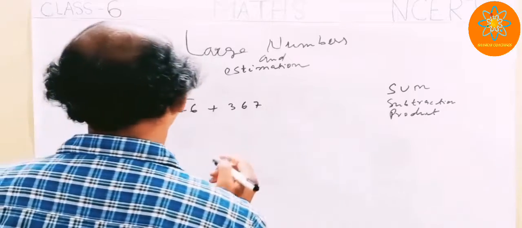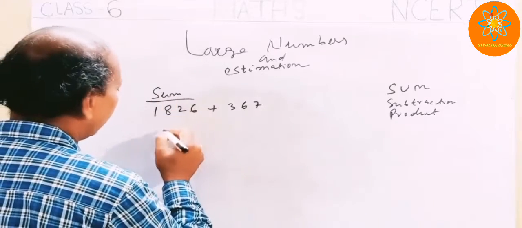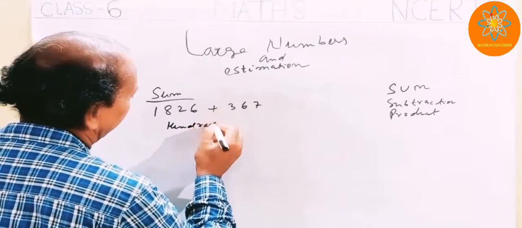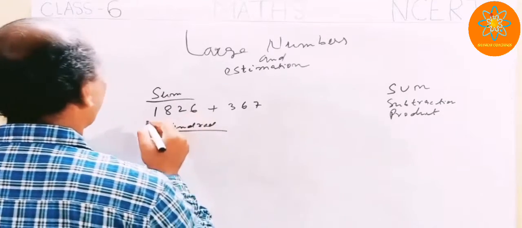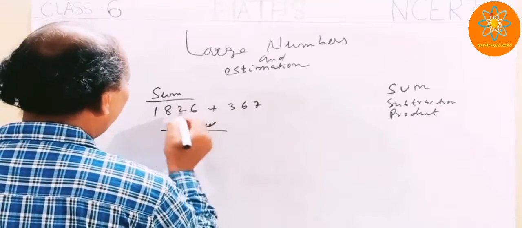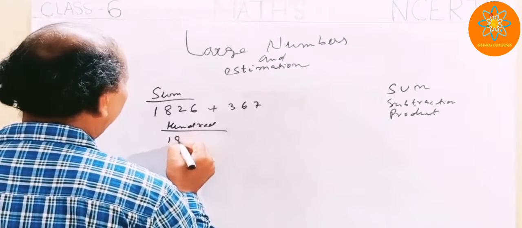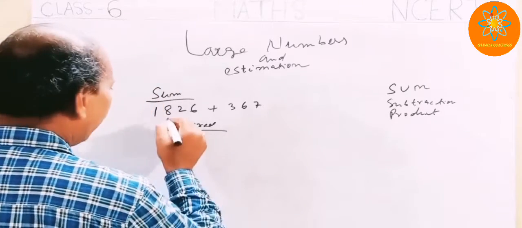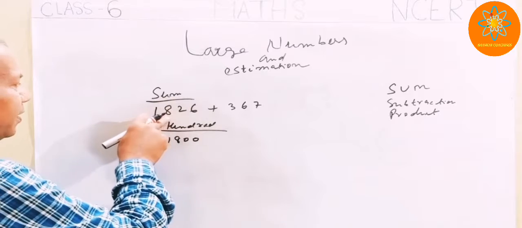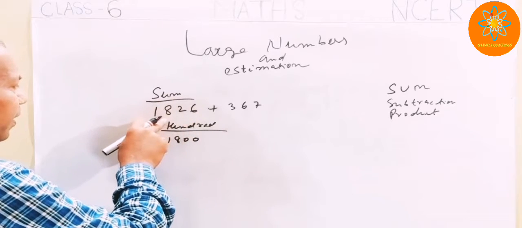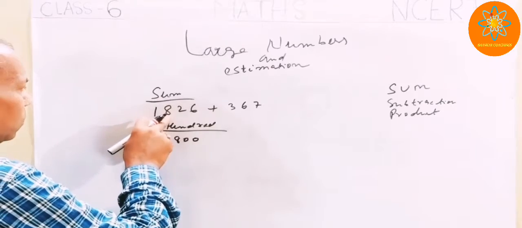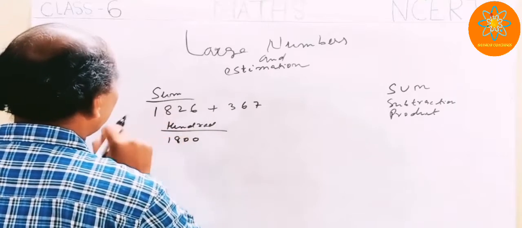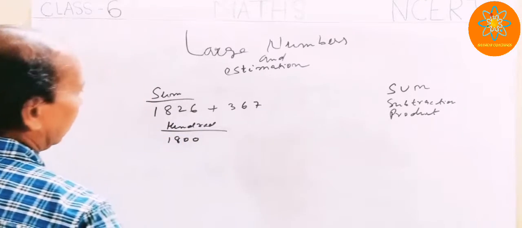For the 100 case, this will be equal to 1800. Why 1800? Because this is the ones, tens, and this is the hundreds place. The previous one is 2, which is less than 5, so the next one is not increased. It will be as it is.